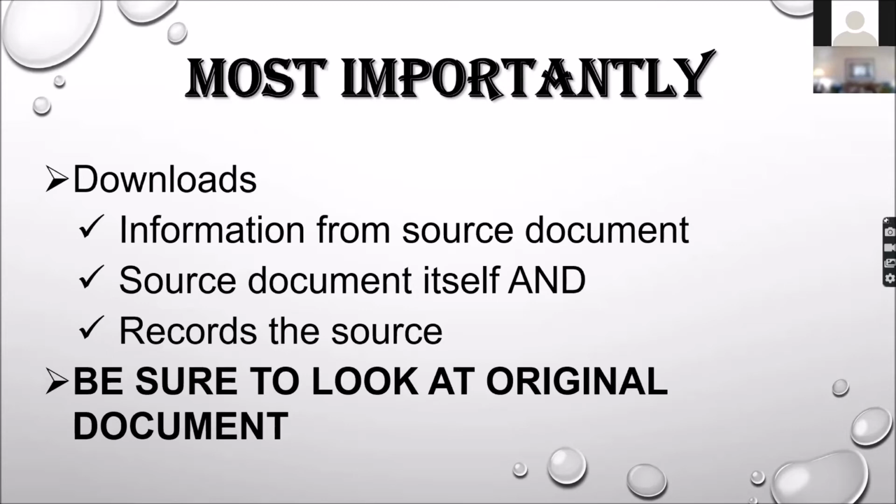Important things, let's say, like a death certificate. If I download a death certificate from Ancestry, it does not put where the person is buried. It does not put the name of the informant in your software. So you need to pick those things up yourself.